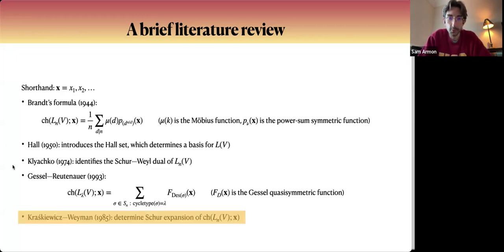And it was Kiewicz's work that allowed Kraskevich and Weyman later, in 1985, to finally describe the Schur expansion of the nth graded piece of the free Lie algebra. So this is the single row case of Thrall's problem, where the indexing partition is a row.